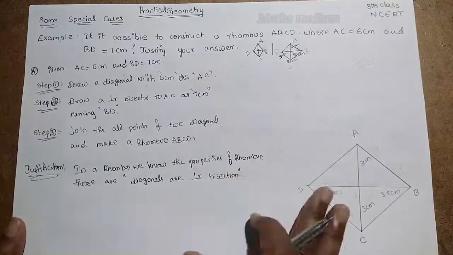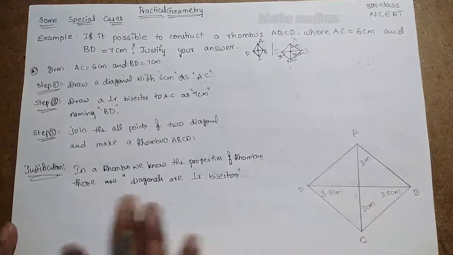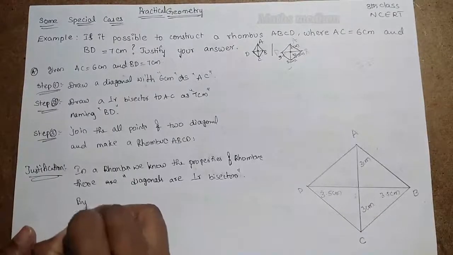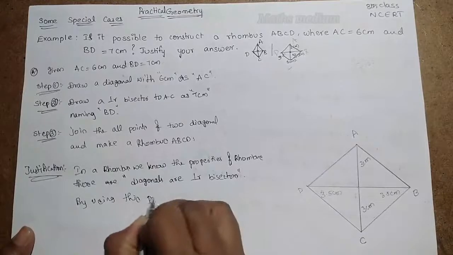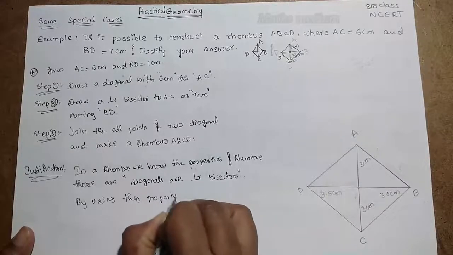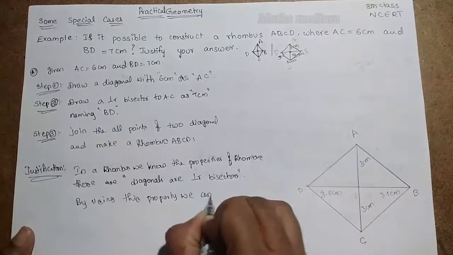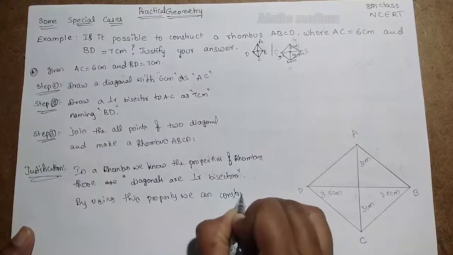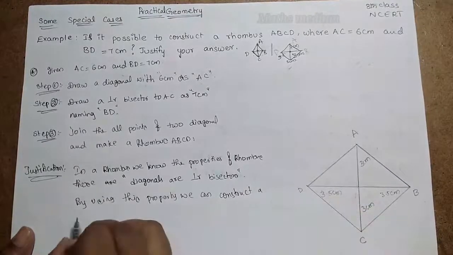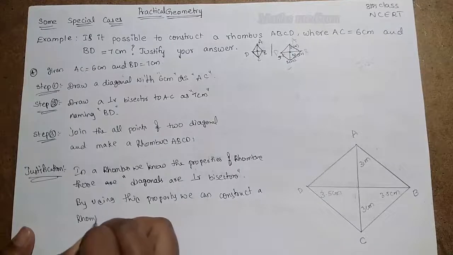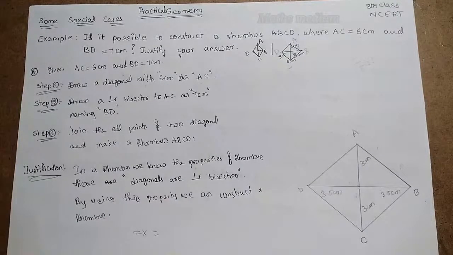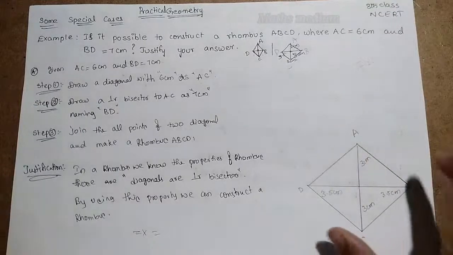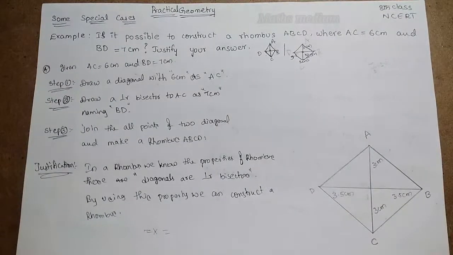So that's why we can construct a rhombus. By using this property we can construct a rhombus. This is the answer. In this case we constructed it like this.